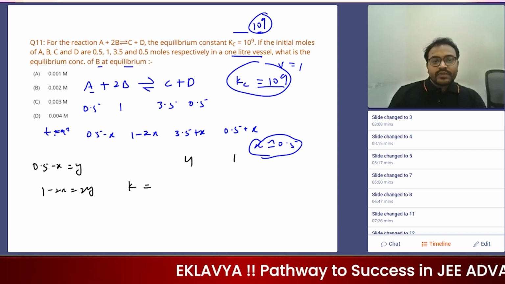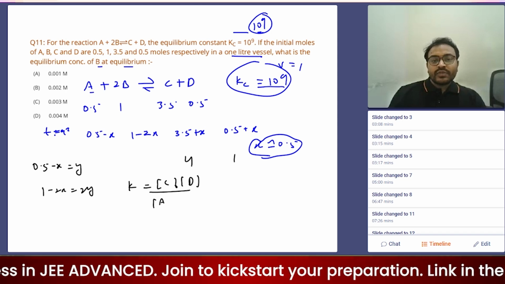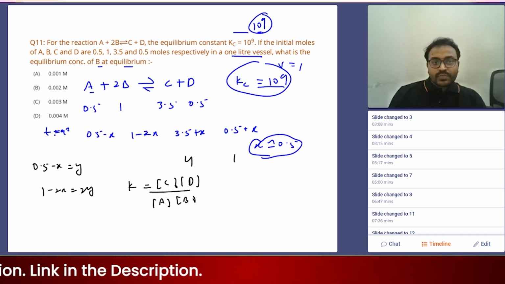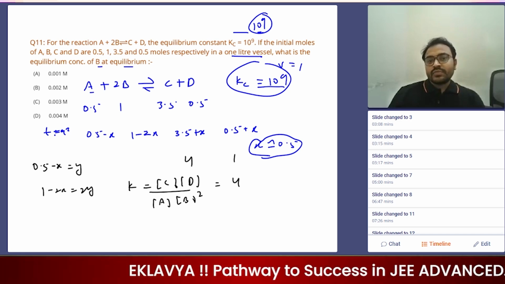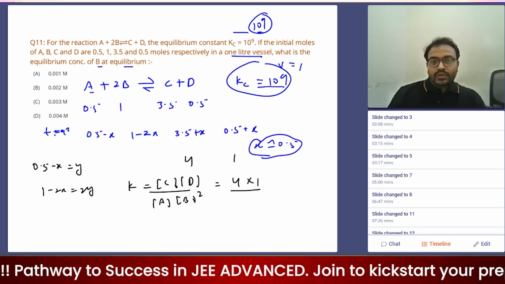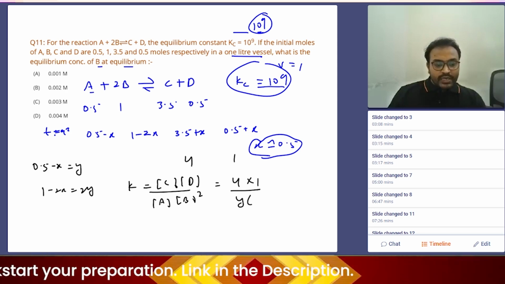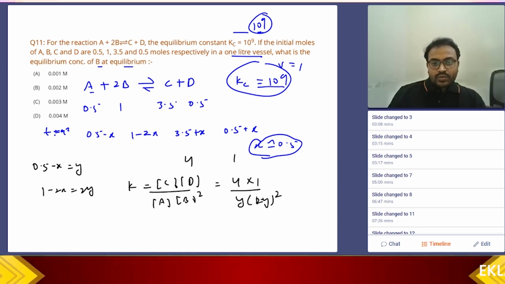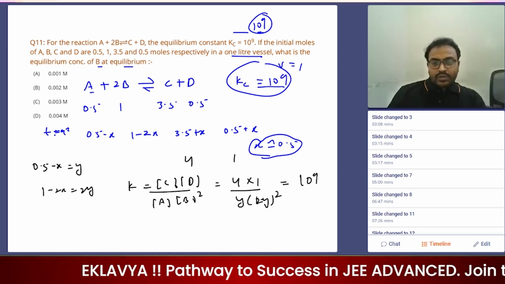From Kc, if we write the expression of K for the given equation, it will be concentration of C into concentration of D divided by concentration of A into concentration of B to the power of 2. The C concentration is 4 because the volume is 1 liter, so number of moles 4 by 1 is 4 only. So 4 into 1 divided by concentration of A, which we assumed is y, into concentration of B, 2y, to the power of 2, and the Kc value given is 10 to the power of 9.